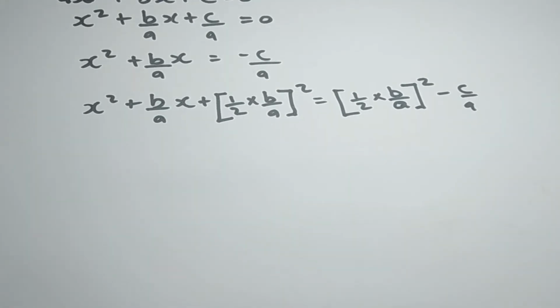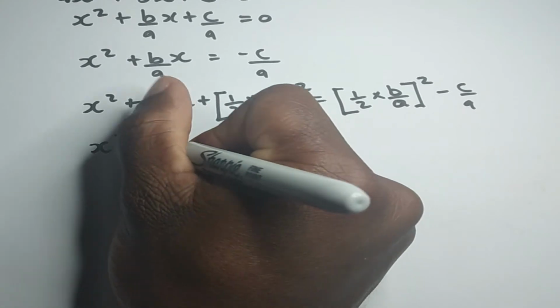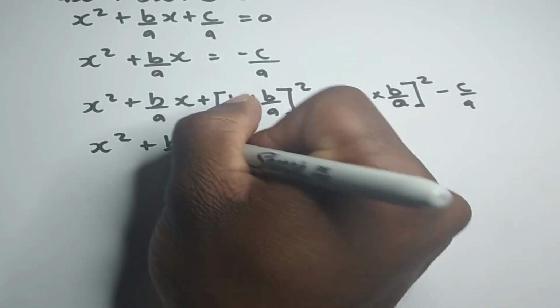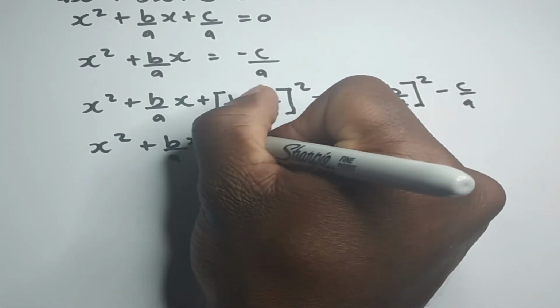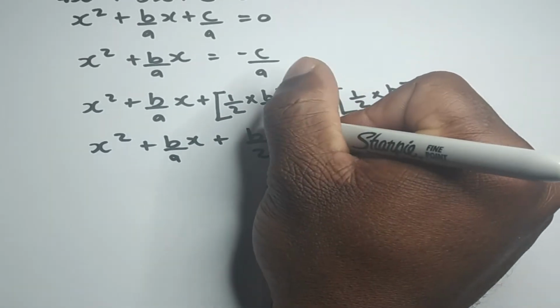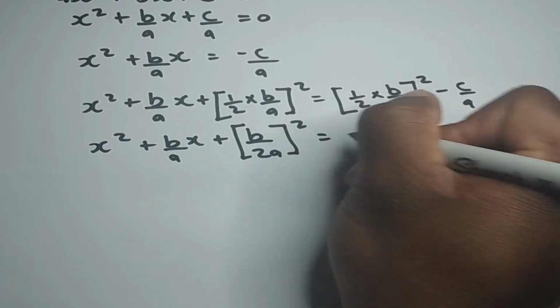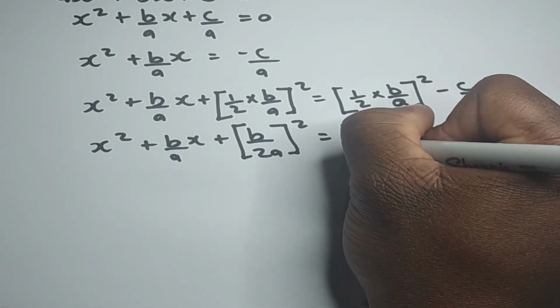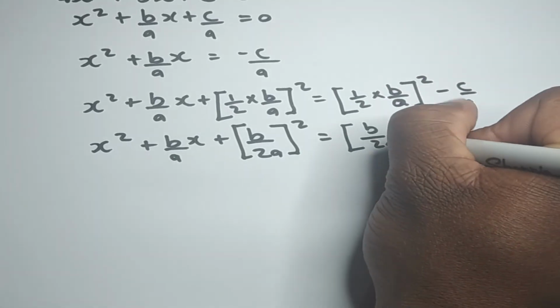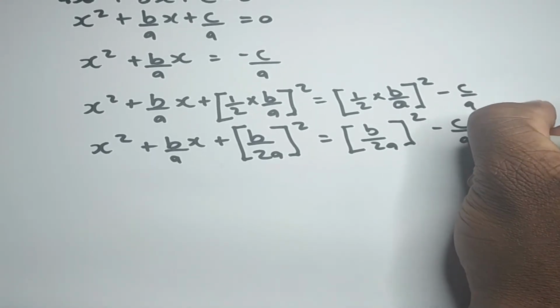So what I'm going to do now is expand the brackets. We have x squared plus b over a times x plus b over 2a all squared, and the same thing on this side, b over 2a all squared minus c over a.